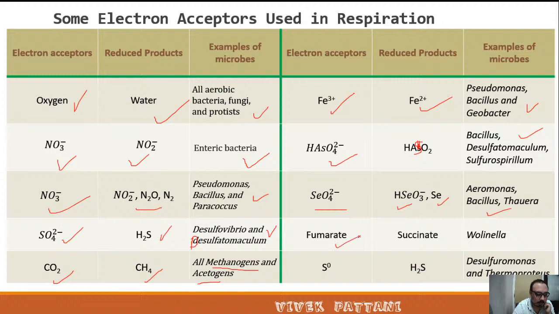Next one is fumarate, which will be converted into succinate. The bacteria involved will be Wolinella. And the last one is S0, elemental sulfur, which will be converted into hydrogen sulfide. Examples are Desulfuromonas and Thermoproteus.